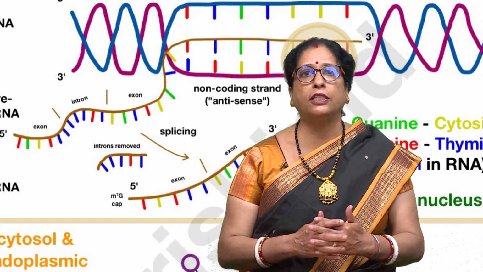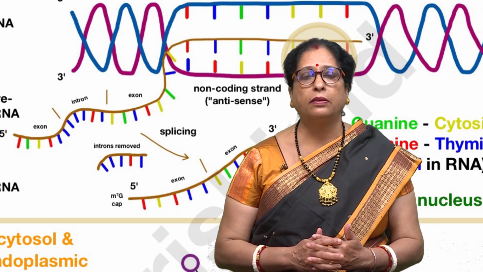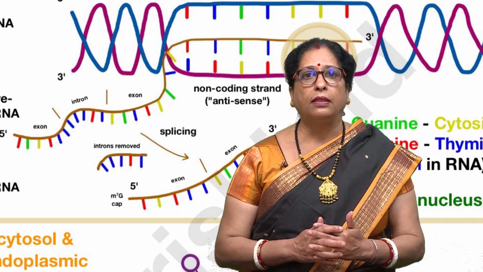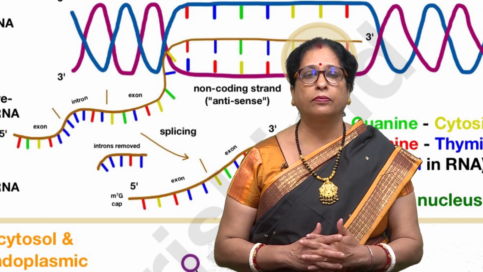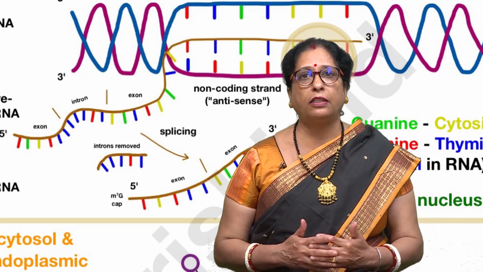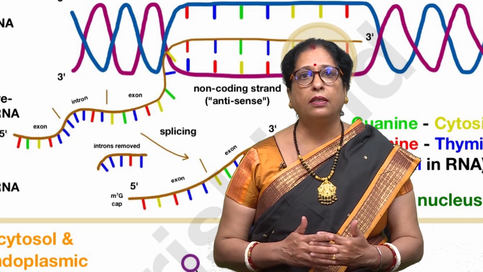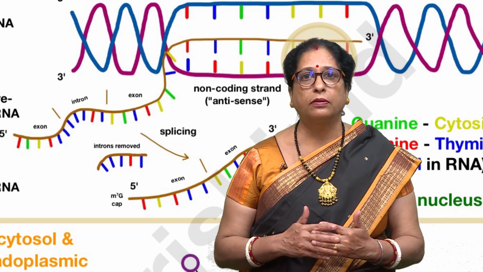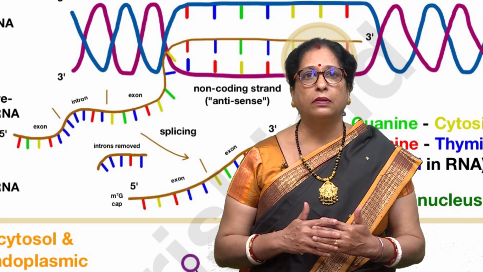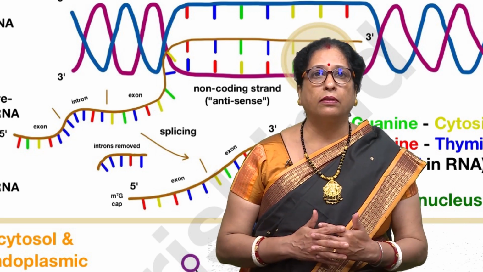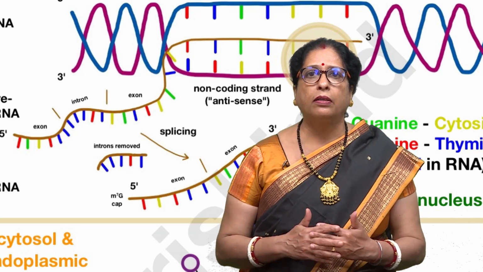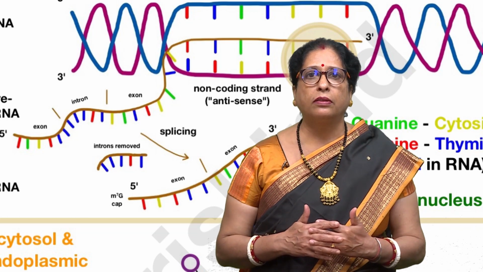You can see the transcription bubble here in this pictorial representation. The nascent RNA is very clear. Here also the processes are very clear in this picture: the RNA polymerase and the removal of the sigma subunit.